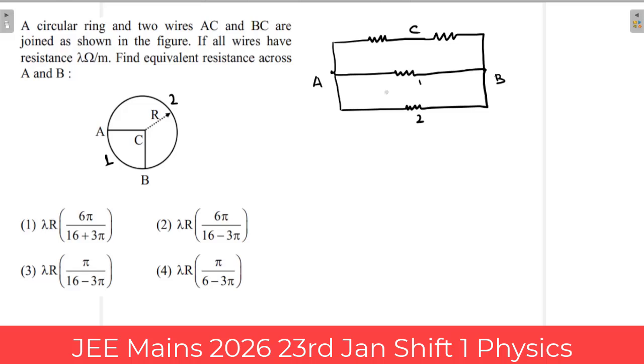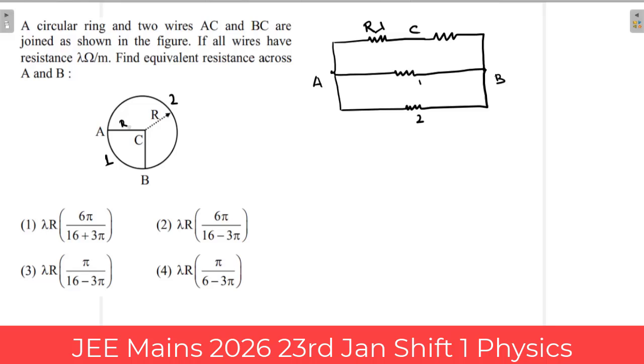Now put the resistances here. So for the path AC, let's say R is the radius. So R ohm is the radius, that is AC has a resistance R. Lambda is the resistance per unit length.